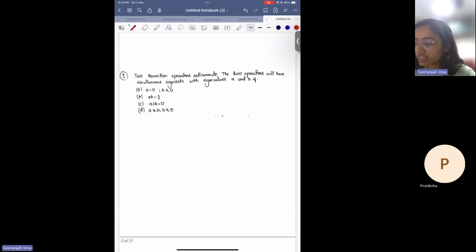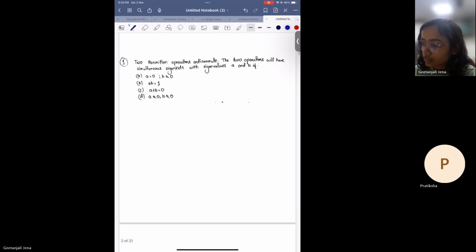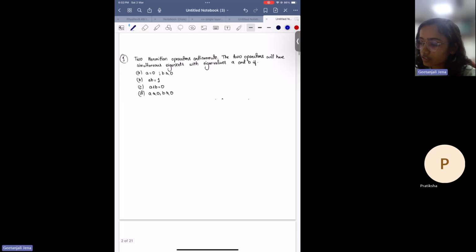Okay, so this is the first problem. First, let's go through problem one. The first problem talks about two Hermitian operators that anti-commute, and the two operators will have simultaneous eigenstates with eigenvalues a and b.